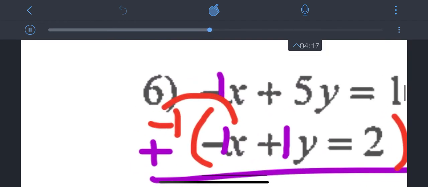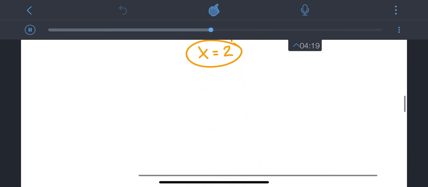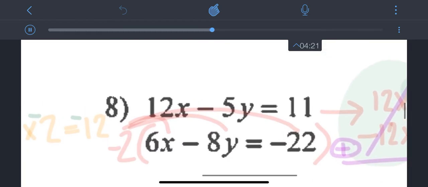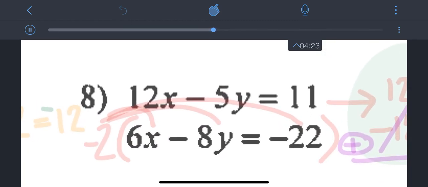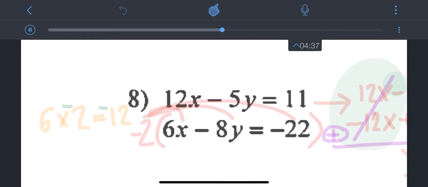So we had something to work with there. This one we have to try a little bit harder. If we look at the x's, we have 12 and 6.